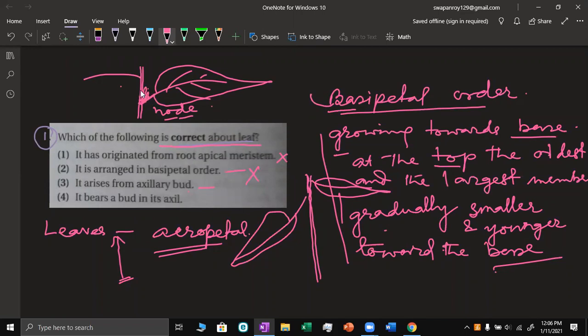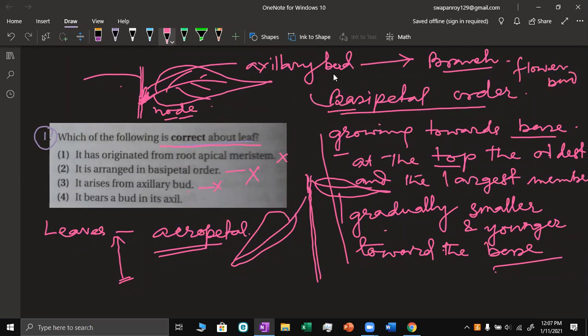Is it the correct answer? No, sir. This is also not correct, because at the axil of the leaf there is a bud, the axillary bud, and this axillary bud grows into a branch, or it may grow into a flower bud.